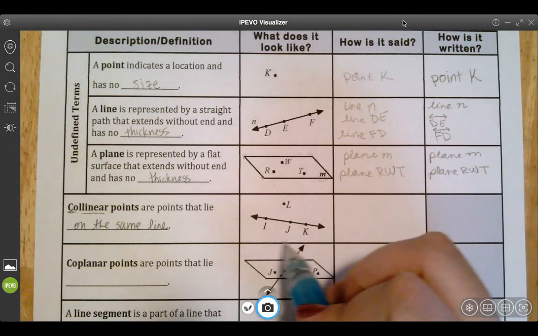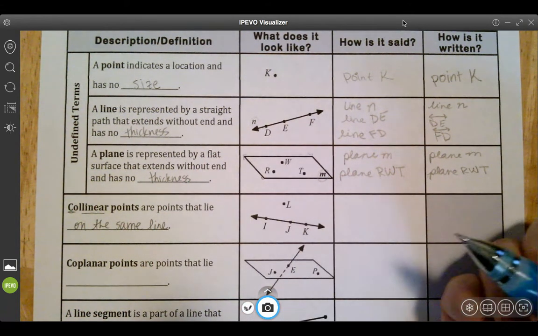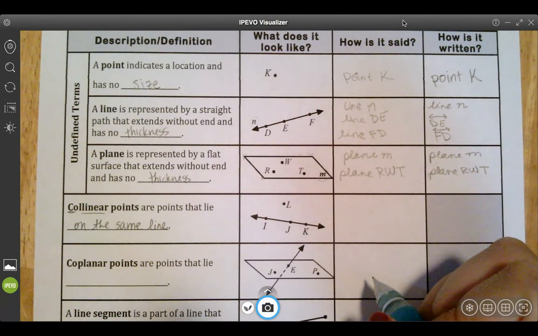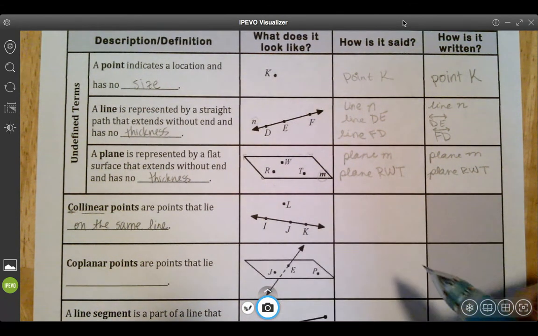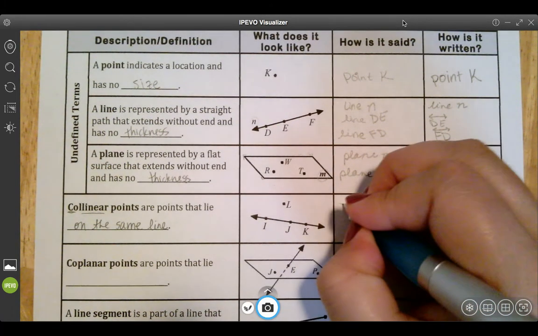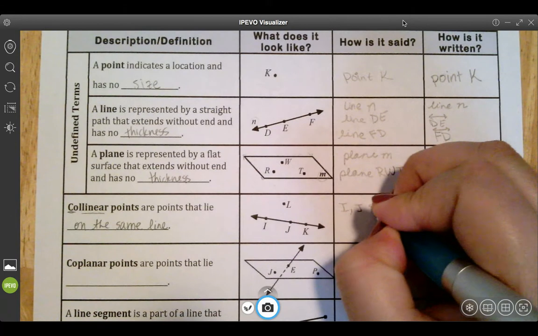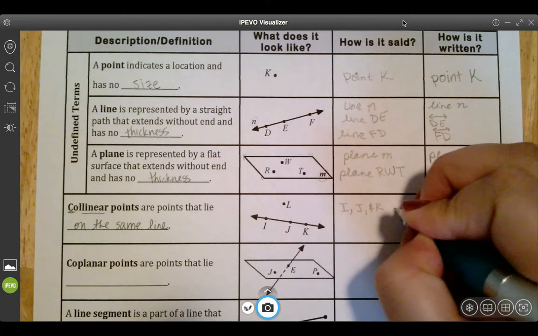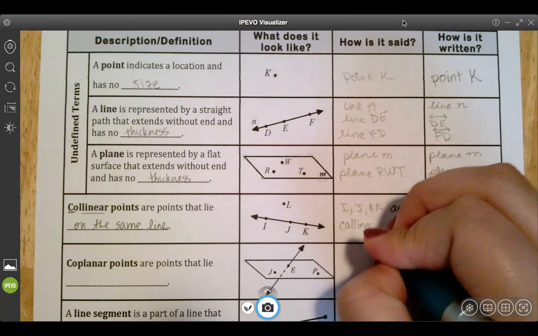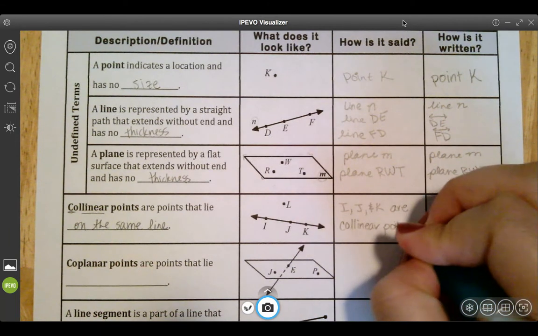So if we're looking at this diagram here, which of these points are on the same line? Well, I, J, and K are collinear, which means L is non-collinear. So we have I, J, and K are collinear points.